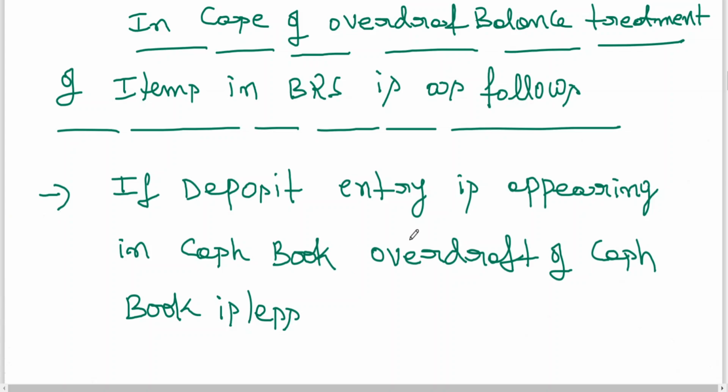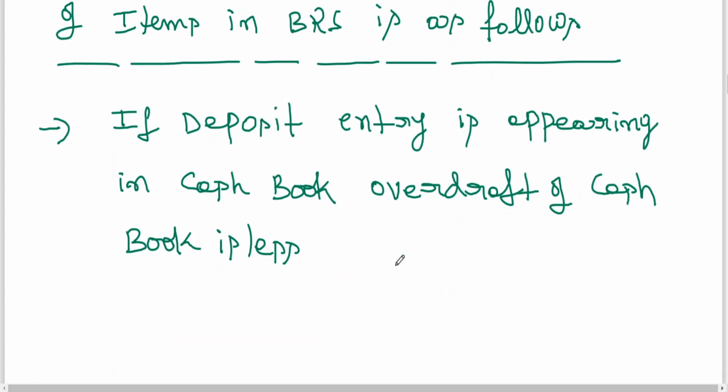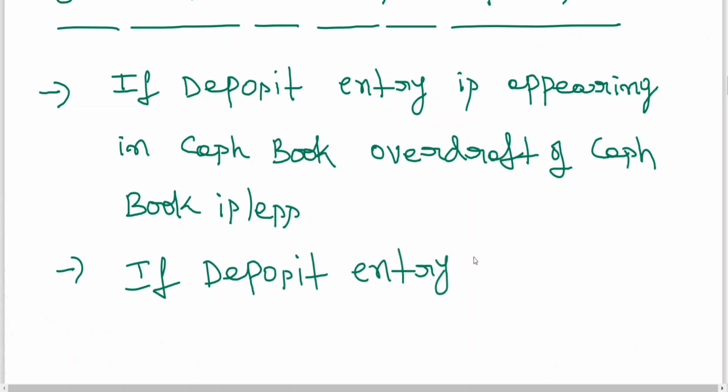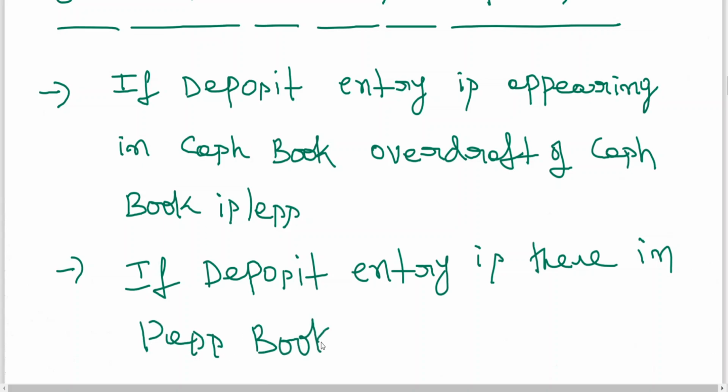So when you deposit money, what happens? Overdraft will come down. If you are in favorable balance and a deposit entry is there, cash book balance will be more. Clear to all of you? Now, if deposit entry is there in passbook, overdraft of passbook will be less.